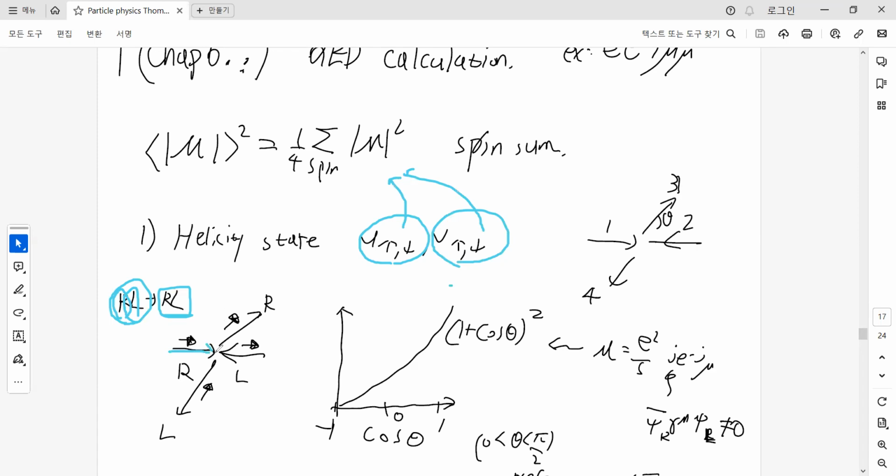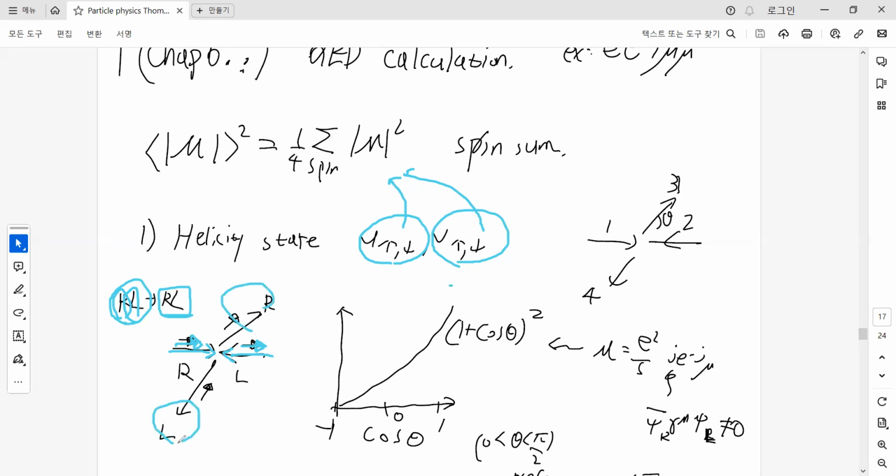This is the momentum direction of initial particle one, and this is the momentum direction of initial particle two. Right-handed means the spin is aligned with the momentum direction, and left-handed helicity means the spin is opposite to the momentum. The same applies for the final state, left-handed and right-handed.